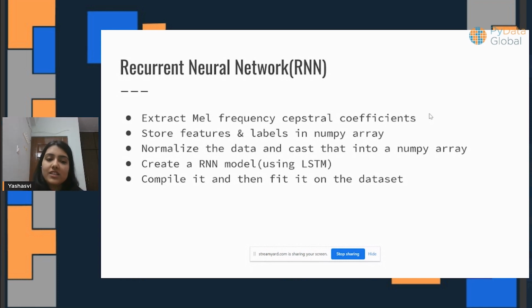These features were stored along with the labels in a NumPy array, which was then normalized. Here, to form the RNN, we used LSTM, the long short-term memory, for the remembering purposes. And then it was compiled and trained on the training data set that we had. After that, the classification was done on the three labels as it was done earlier in the CNN model.